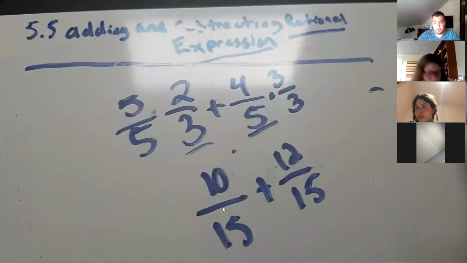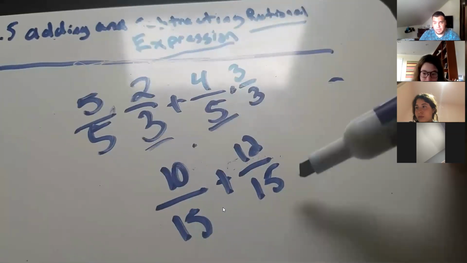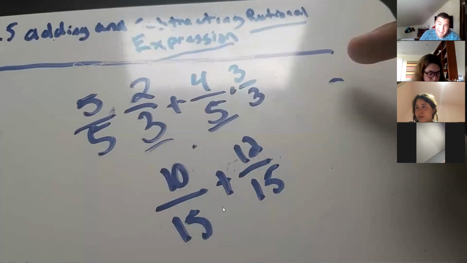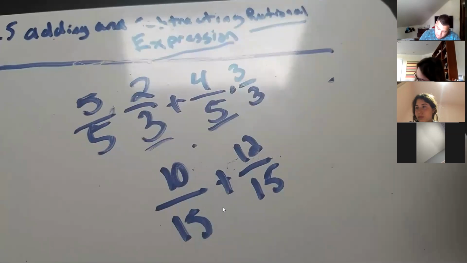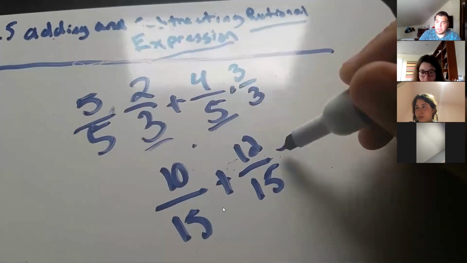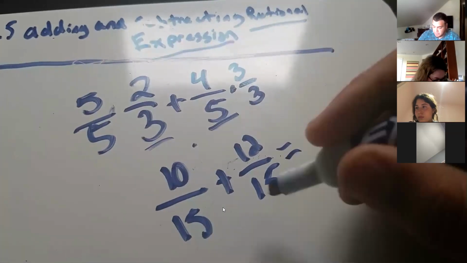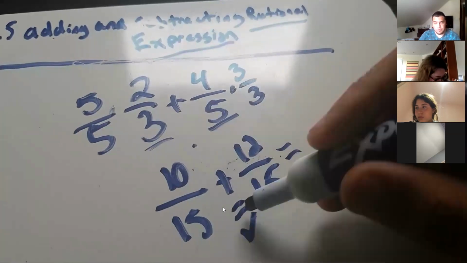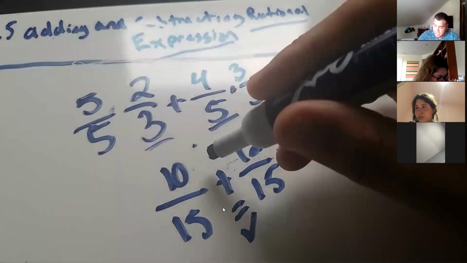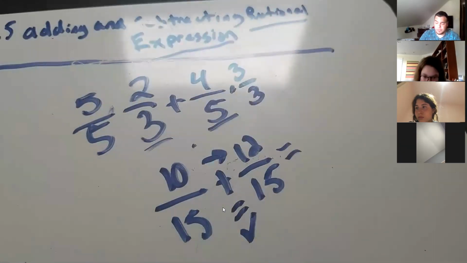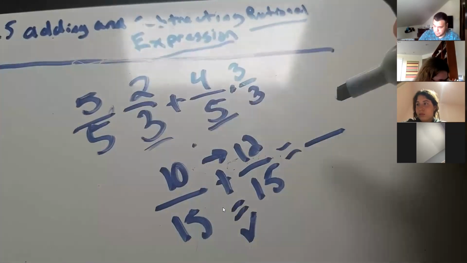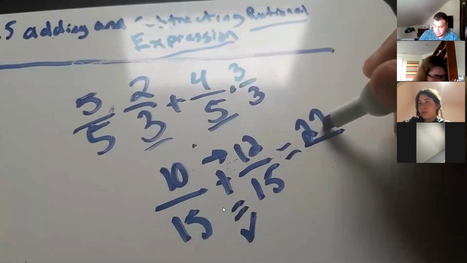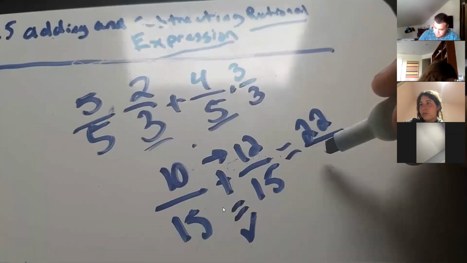It's really important that we want the denominators to match. We cannot add or subtract unless the denominators match. If the denominators match, we put a little check mark right there. That means we add or subtract the top. So 10 plus 12 gives me 22 over 15.